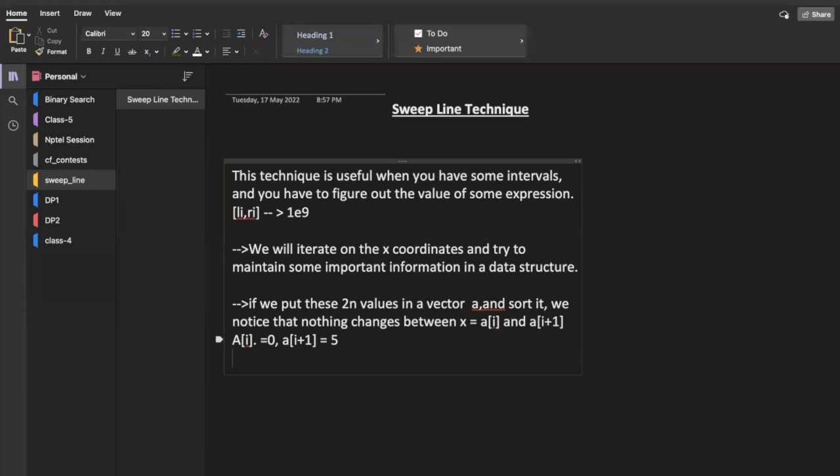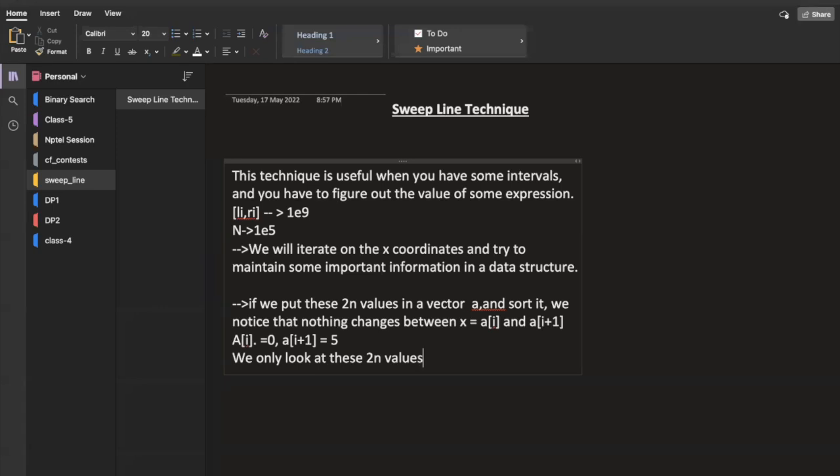Only these 2n values are important to us, so we forget about all the other x coordinates in between. The value of n is typically around 10 raised to the power 5, so this is advantageous, because we only have to look at these 2n values.